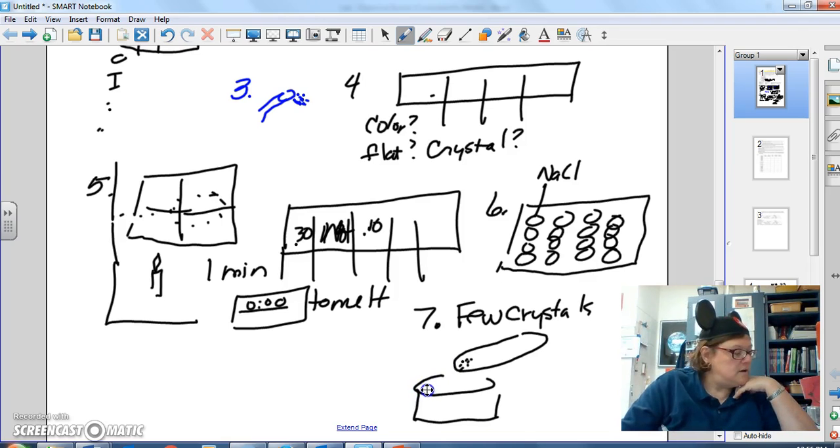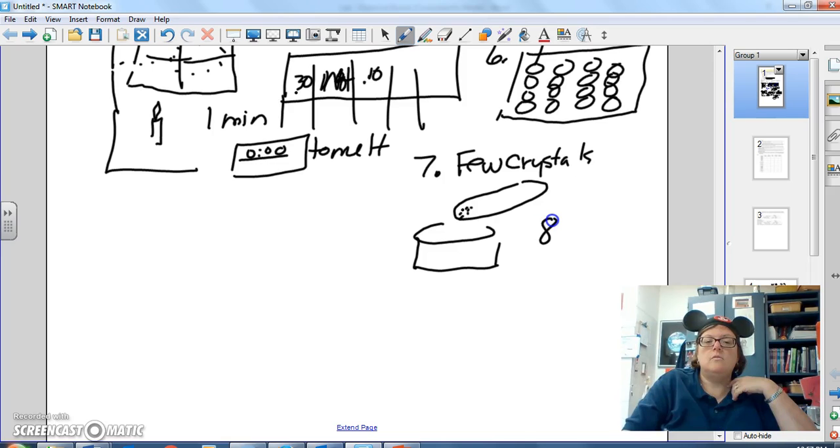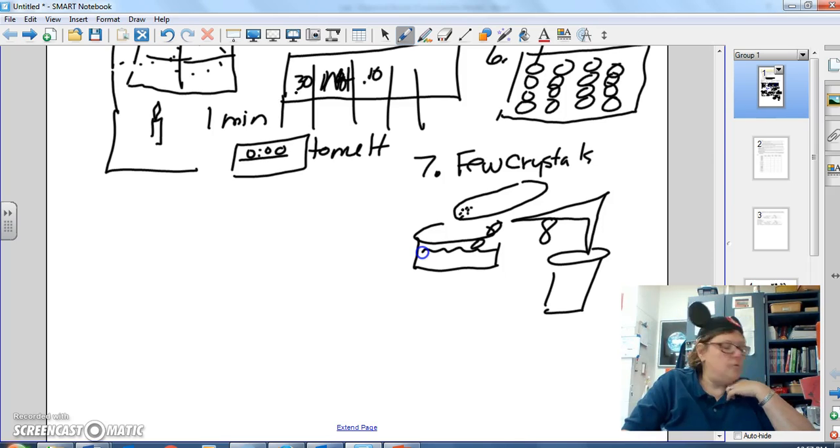Then, step 8, you're going to add water so that it's half full. And you're going to stir with a toothpick.